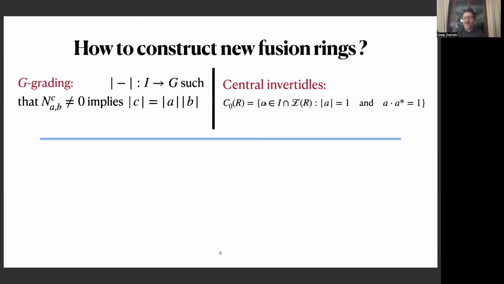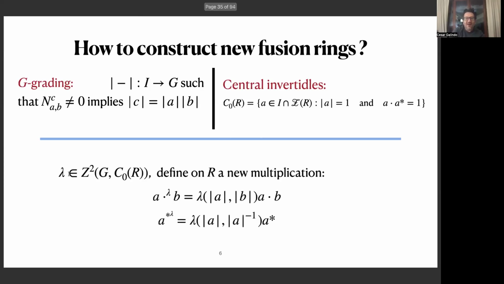So now, if we have an abelian group, we can proceed very similar to the typical idea in group theory, and we can consider a two-cocycle. What is a two-cocycle? It's just an assignment that to two elements in the group, we associate an element in this abelian group.